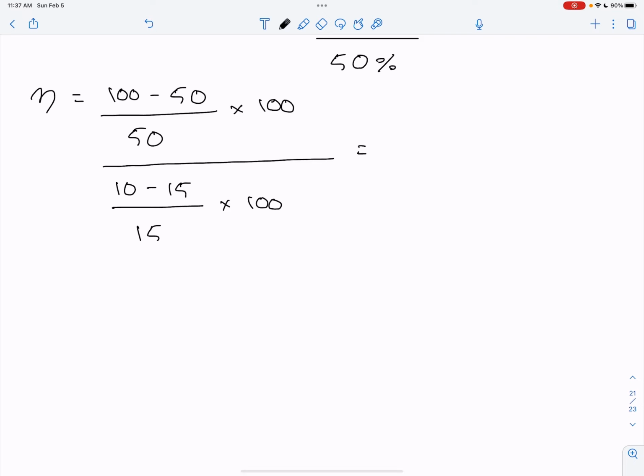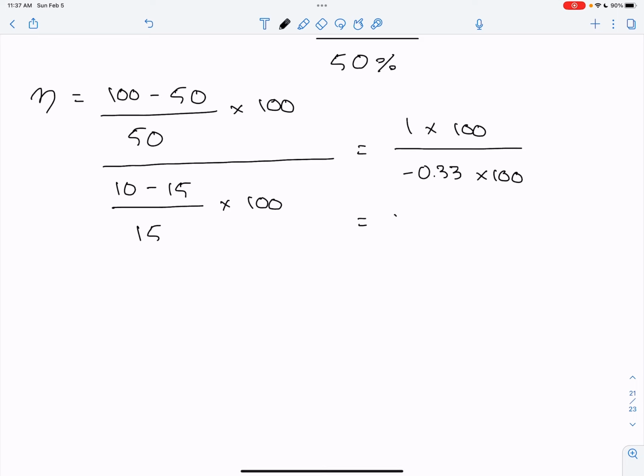So what do we get here? All right, so 100 minus 50 is 50. 50 over 50 is, of course, just 1, right? So we would get 1 times 100 on the top. And in the bottom, 10 minus 15 is negative 5. And negative 5 divided by 15 is negative 0.33 approximately times 100.